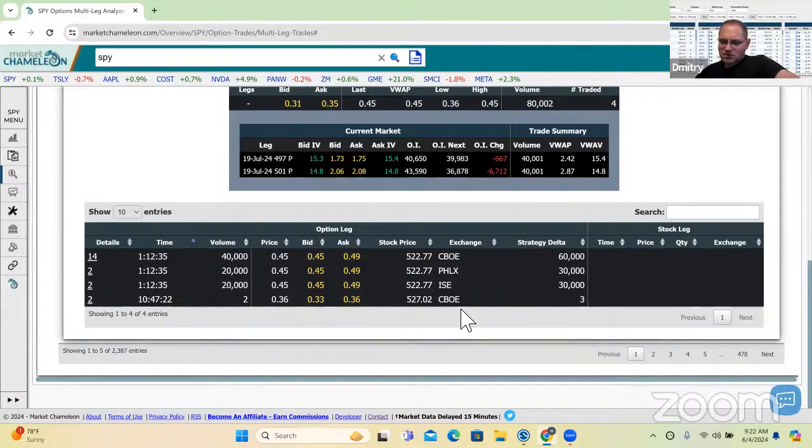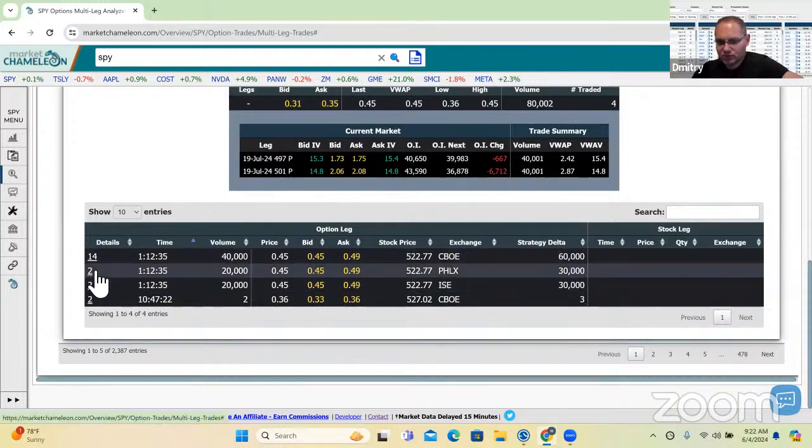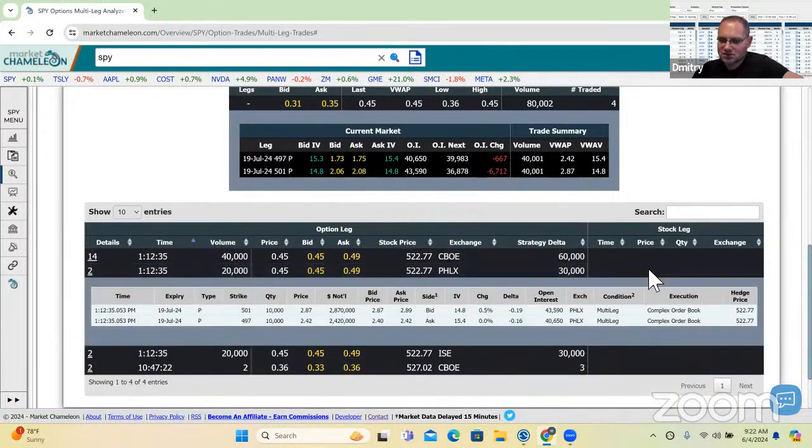Another detail here that we have is the delta of the spread itself. So this delta is 60,000, 30,000, 30,000, right? So what does the 30,000 delta mean?